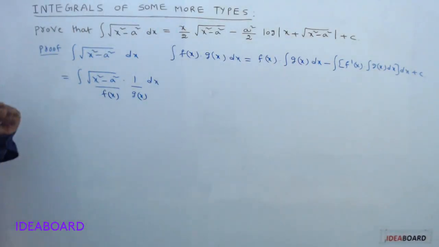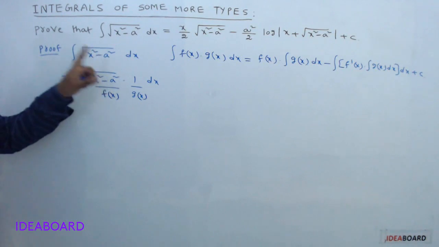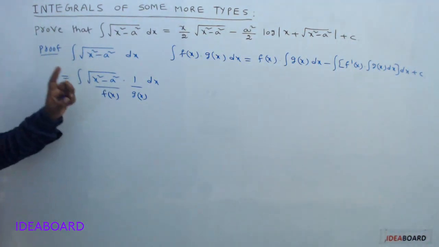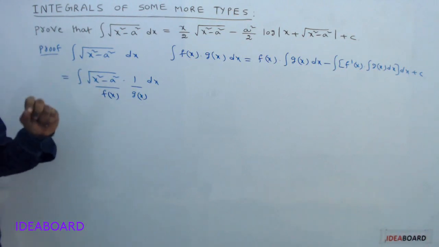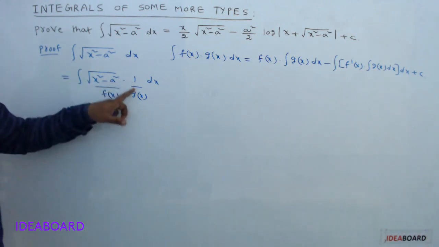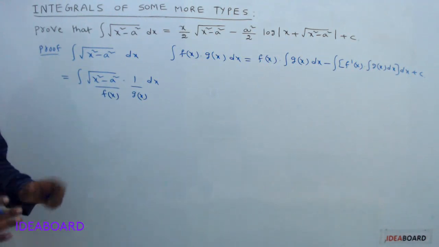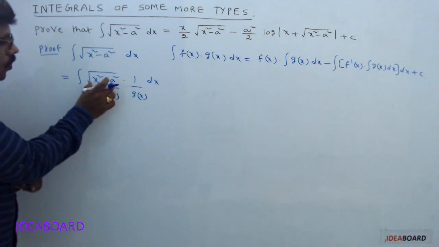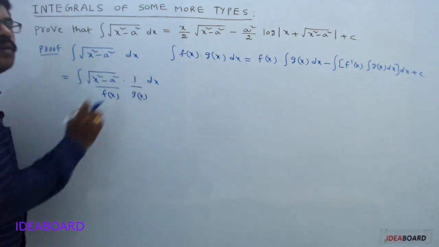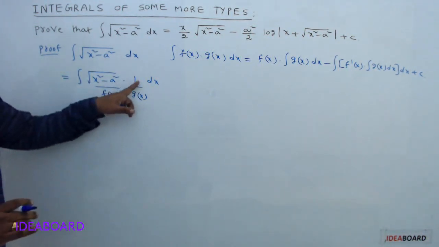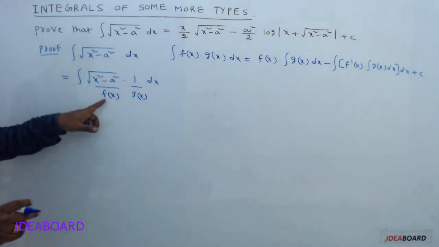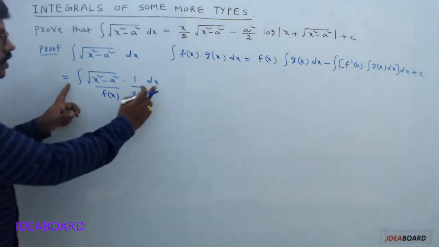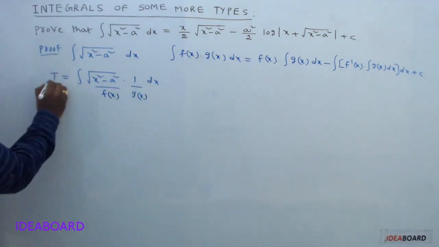Here your integrand contains only one function and it is not integrable directly. In such a case, we take unity as g of x. That's why I am writing root of x square minus a square equal to root of x square minus a square into 1. So here 1 is g of x, and f of x is root of x square minus a square.